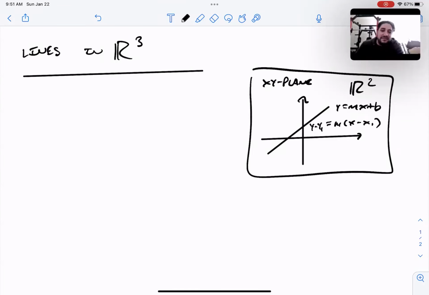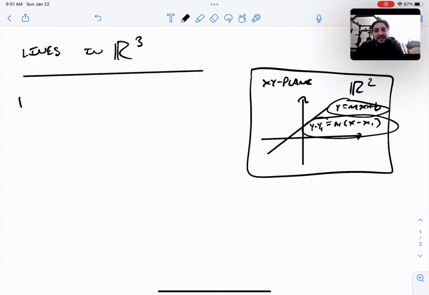Lines are one of the easiest shapes to understand, and one of the most important shapes. So just like you start off with lines in R2, we want to also start off with lines in R3. How can they be represented in R3? There's a really nice way to represent lines that corresponds to mx plus b, and one that corresponds to point-slope form.